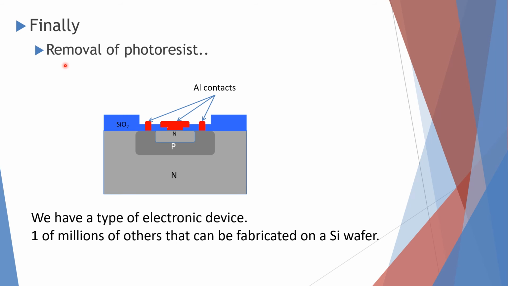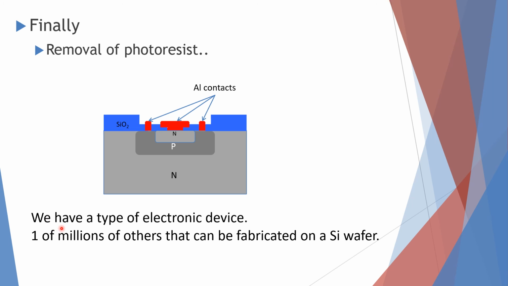Finally the photoresist will be removed, and what we are left with here is the aluminium contact on the top surface. So then we have one type of electronic device, which is the NPN transistor.